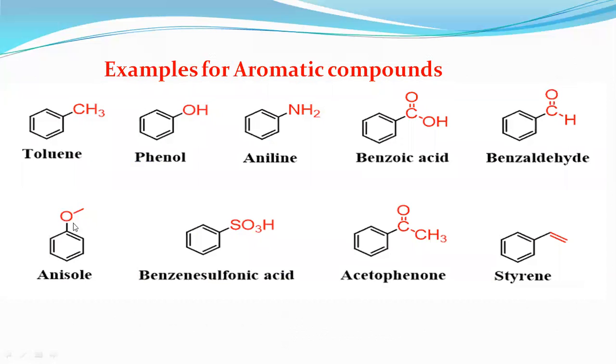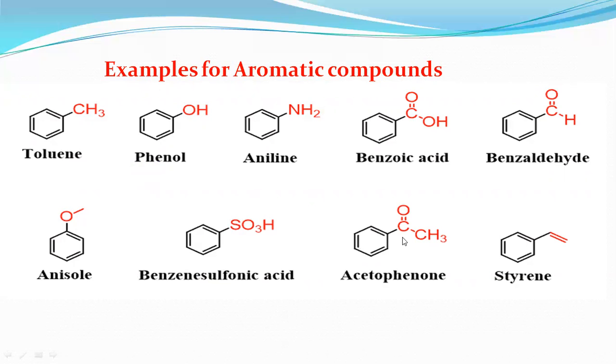For anisole, there is an O and one more alkyl group present here. This is a bond line formula and it is an example of ether. Next is an example with C double bond O CH3 and one more side with the benzene ring.